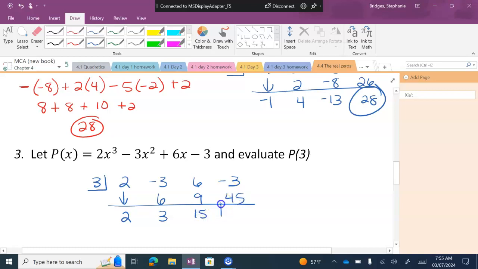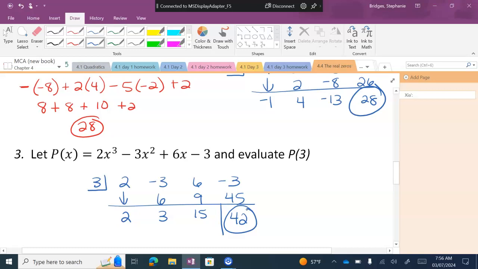We multiply. And what do we get? 42. Does everybody agree with that? Okay. So again, when you're finding the value of a polynomial, you can either plug it in and simplify it out, or use that number in your synthetic division, and your answer is your remainder.